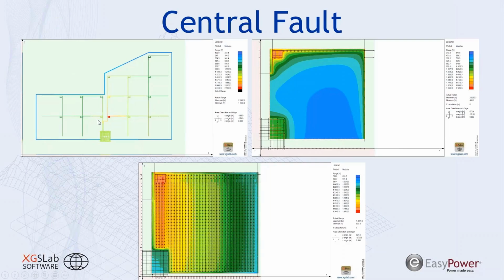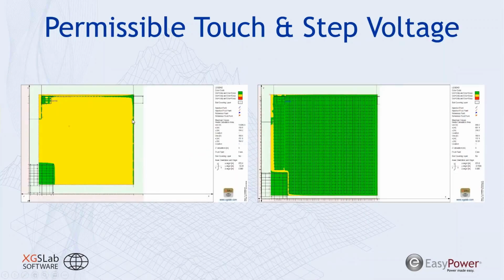You can see that when I'm looking at a fault in the central location. This is the location with the highest fault current magnitude in the PV site. We can see we go from a system that appears to be non-compliant for touch voltages to relatively mostly compliant for touch voltages and step voltages by the PV arrays, indicated by the green area here.